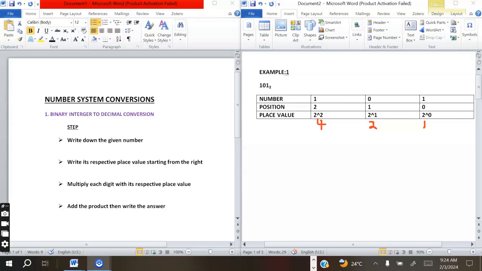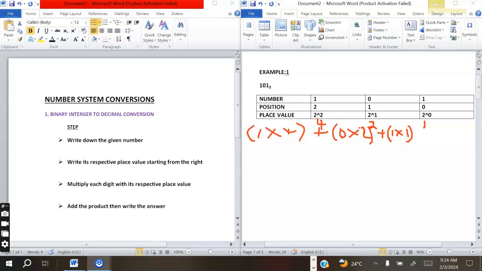Therefore we have 1 multiplied by 4, plus 0 multiplied by 2, plus 1 multiplied by 1.